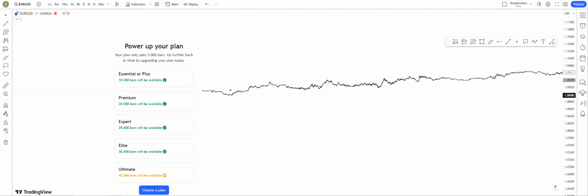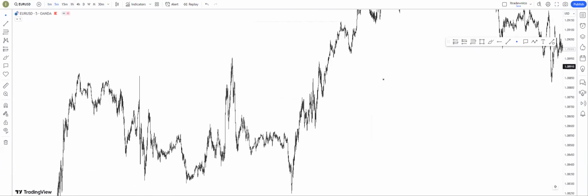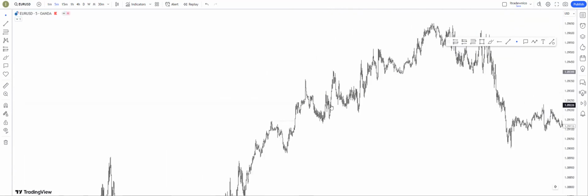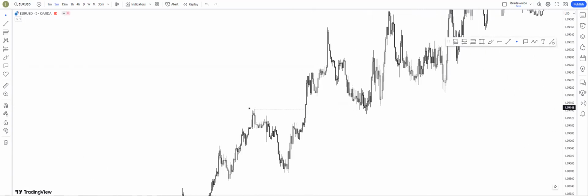Let me go to the 5 minute. That will be the same, right? That will be it. As you see, price took the daily high and made a retracement. Now, this is something way tinier compared to the daily.